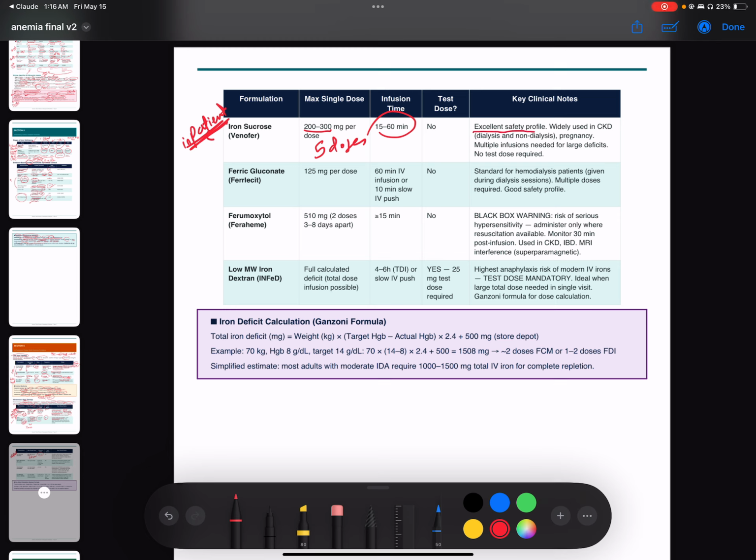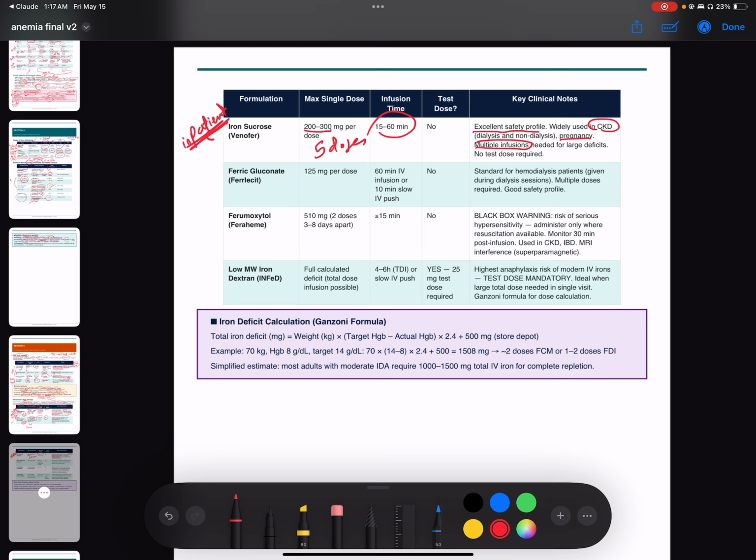It has an excellent safety profile, widely used in CKD, whether dialysis or not, and can be used also in pregnancy. But because it's a smaller dose, it needs multiple infusions. And again, since it's a smaller dose, the side effects are less, so it has an excellent safety profile.